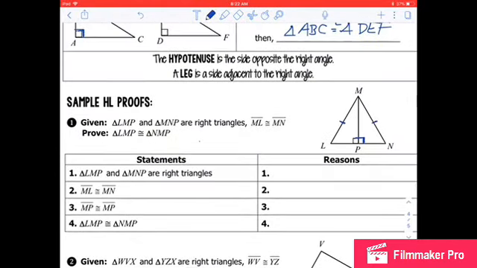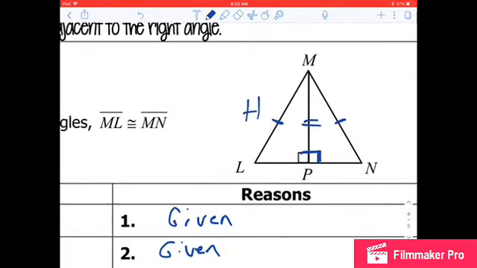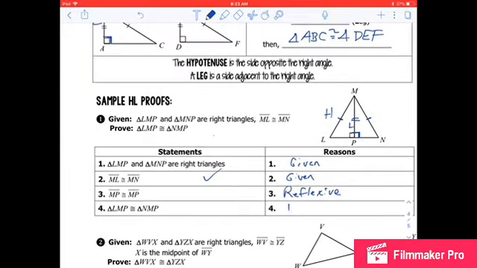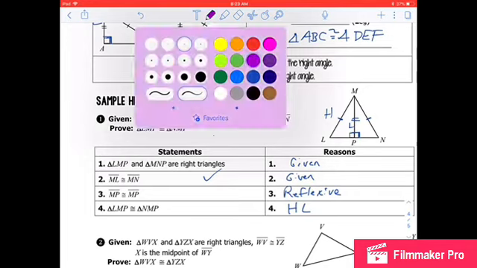Said they're right triangles, so check, that's given. ML is congruent to MN, so that's the one I marked. So that is given as well. So I've used that. MP congruent to MP, again, that is reflexive. And so now that I have H and L, we are good to go. Hypotenuse leg. Easy as that.